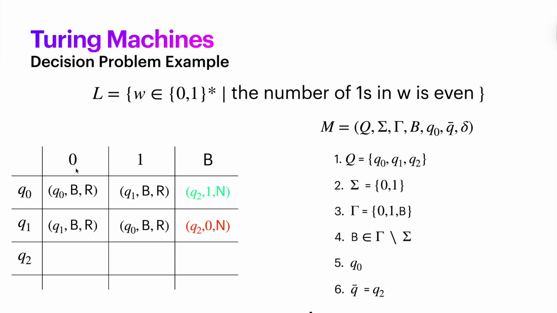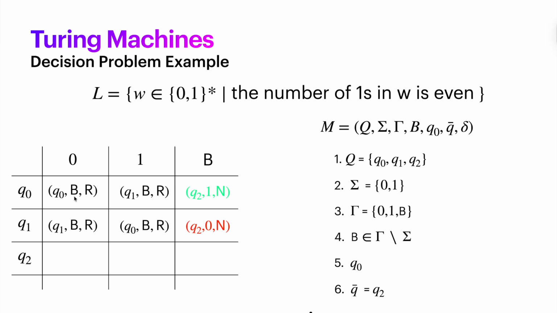So if the current symbol that we're reading is 0, we don't have to change anything. If we are at Q0 and we're reading 0 from the tape square, then we stay at the state Q0 because we did not observe any additional ones yet.